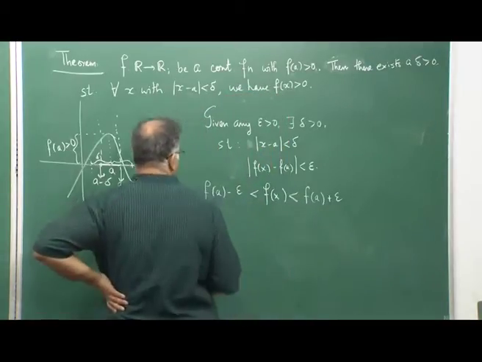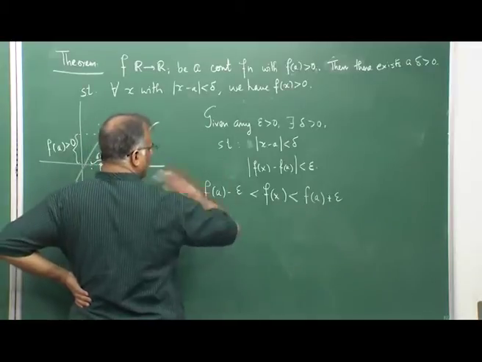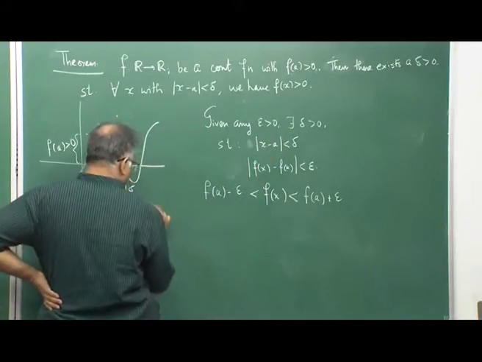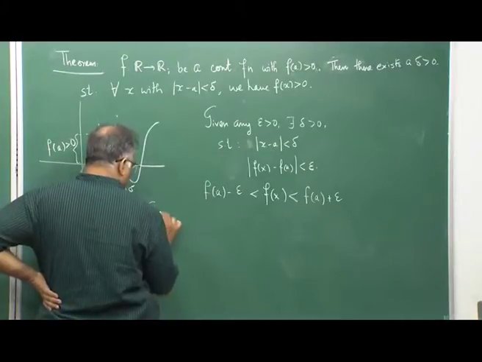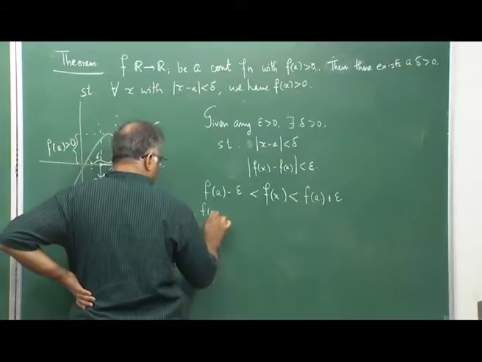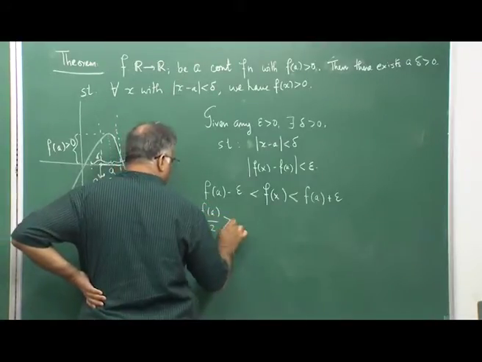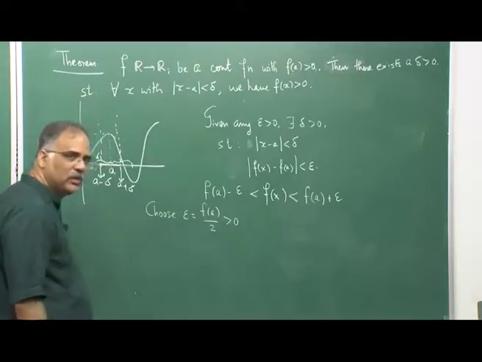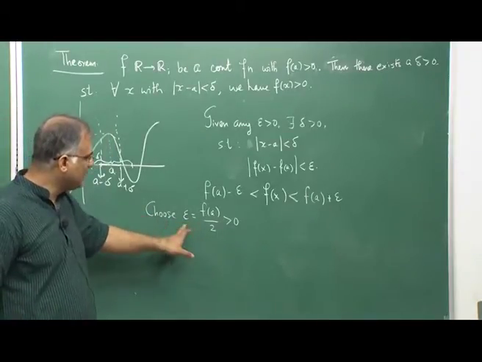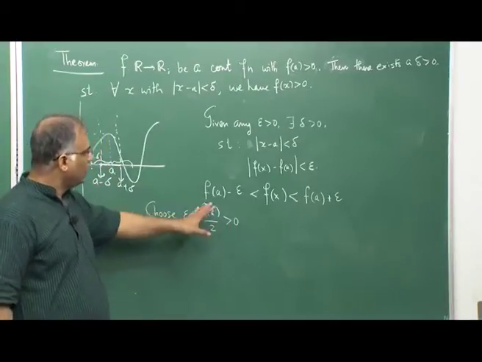Now, this is for any arbitrary epsilon, there will be a delta. So, choose epsilon equal to f(a) by 2. Because f(a) is strictly bigger than 0, I can always choose epsilon to be f(a) by 2, half of f(a), and this epsilon is strictly bigger than 0.